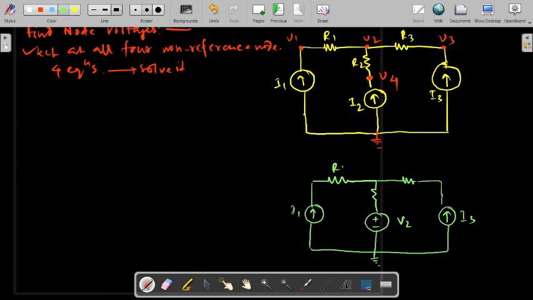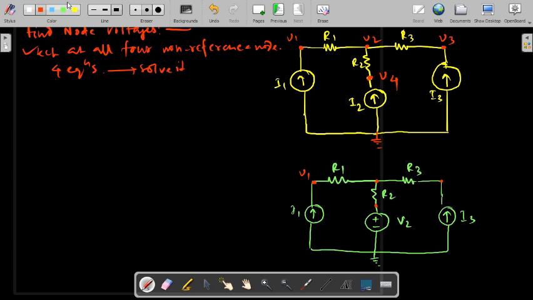This is reference, R1, R1. Now you see again one thing. How many nodes are there? Again there are 4 non-reference nodes. So in these 4 non-reference nodes, I will put the names like V1.